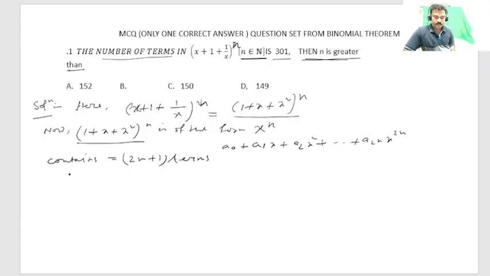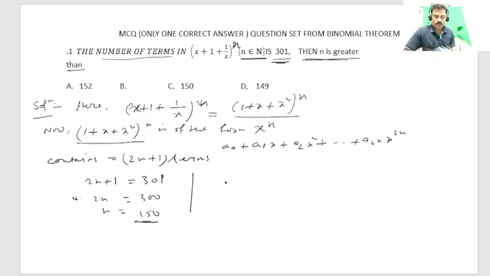So 2n + 1, here also given that, 301. Okay, so 2n is 300, n is 150.